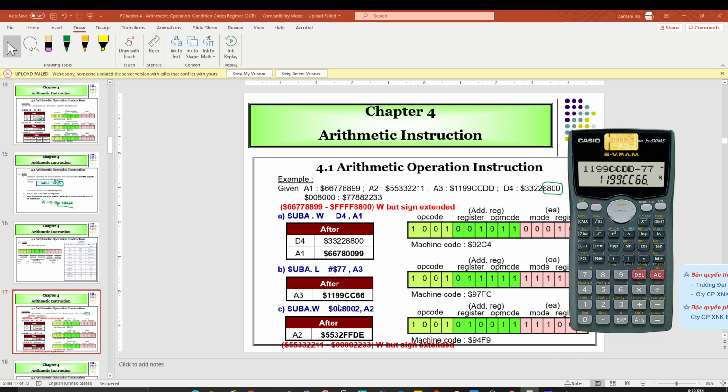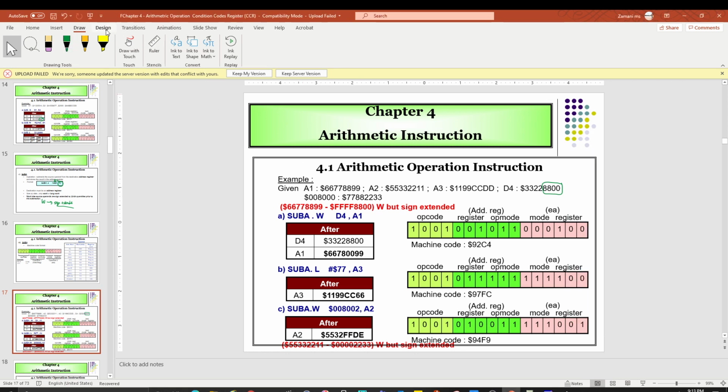So sub address W, the contents at this location W is 8002, starting from this value. So the MSB is for the 2, MSB is 0, so the final sign extend will be 00002233.